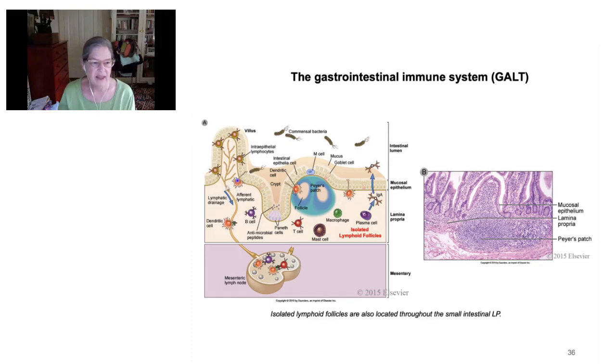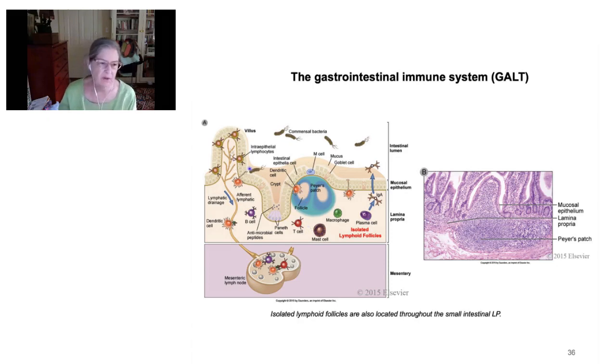And then they can actually enter, but they're in the lamina propria, as are B cells and other T cells. And then, of course, your Peyer's patches in the ileum, which are very highly structured. They've got B cell zones and follicles and T cell zones. So they're like a little lymph node almost.